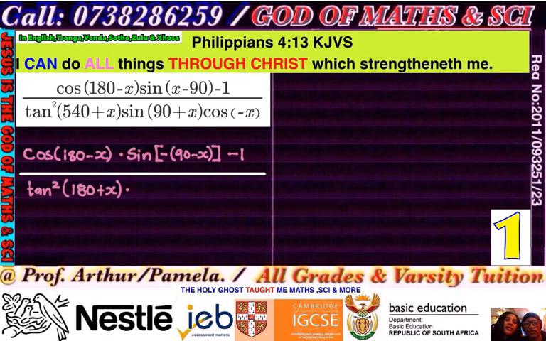Then we multiply that by sine, still of 90 plus the x, close the bracket, the parenthesis. And then cos of a negative angle, you can ignore the negative, get rid of the negative. You write it as just cos of x, that's what it is.